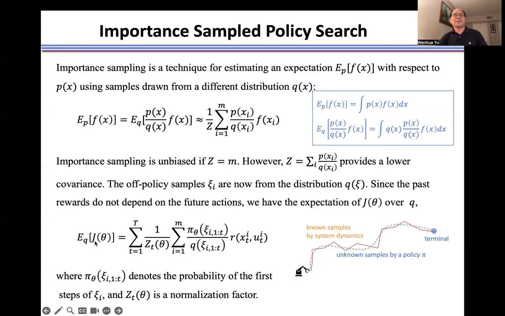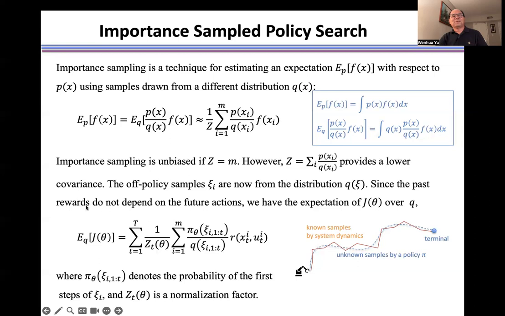We can calculate the expectation of the objective function over P, where P is a different distribution, and then we can express it as a sampling summation over P. These samples are sampled from a distribution Q, not from the policy pi.